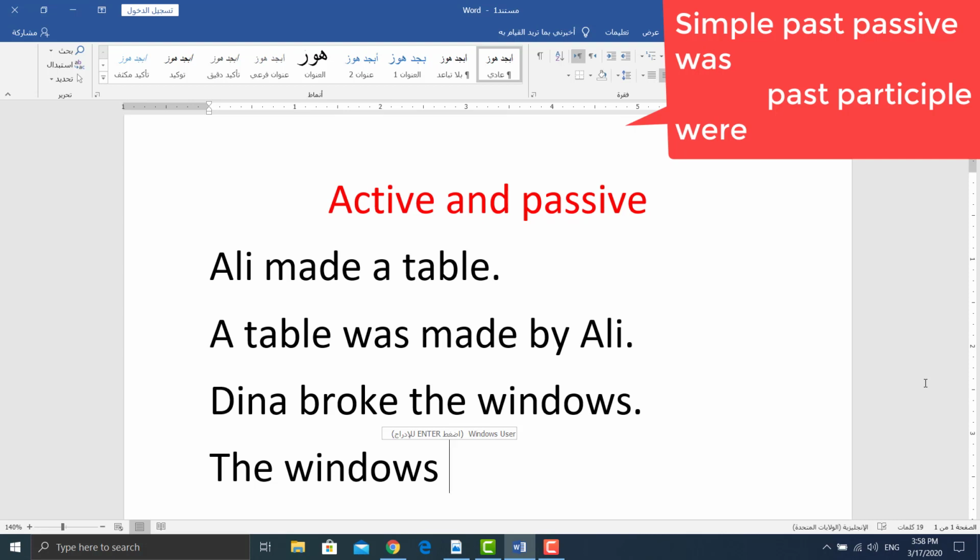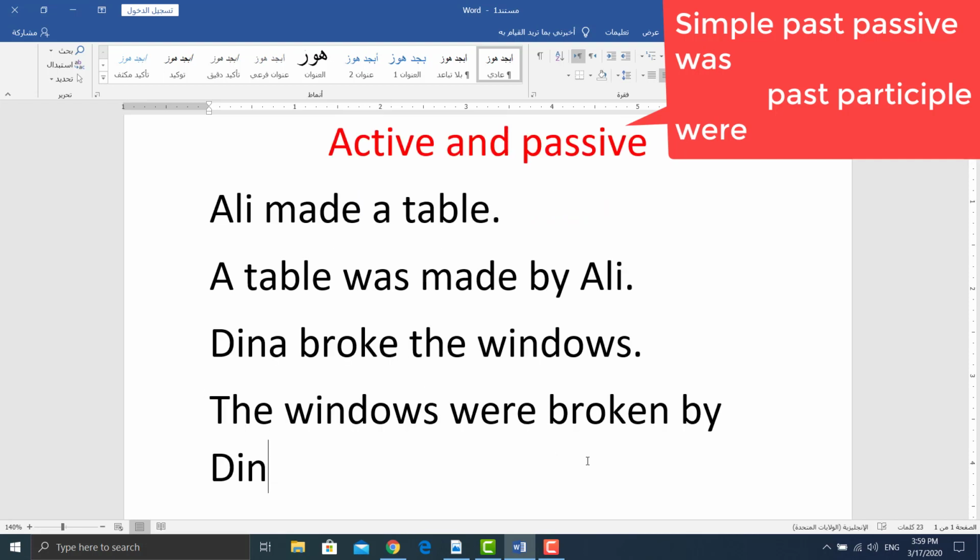There must be an agreement between the windows and was or were. Which is suitable? Yes, you are right, were. And after that, we get the past participle of the main verb. Here we have broke. What's the past participle? Yes, very good, broken. And we may add at the end by Dina. Okay, so the windows were broken by Dina.